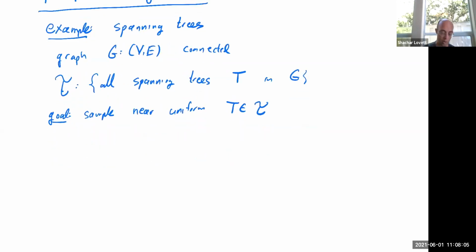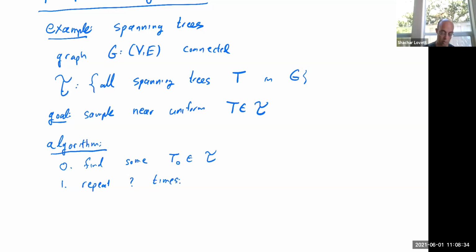And what was the algorithm? The algorithm was very, very simple. Step 0 was to find some T, let's say T0, which is to start with some arbitrary fixed spanning tree, and then repeat some number of times the following thing. It's called an update process. We want to update Ti to Ti plus 1.